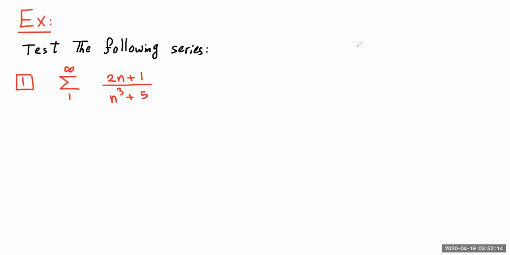In the first example, we have this series sigma an from n equal 1 to infinity. So let's take bn as 2n over n power 3, so it's 2 over n power 2.